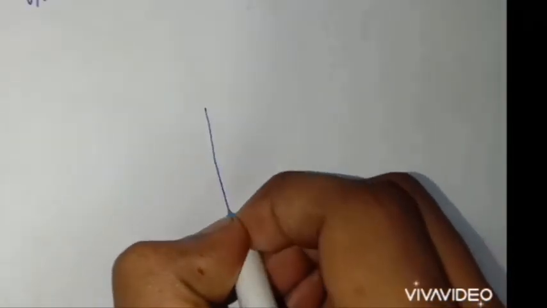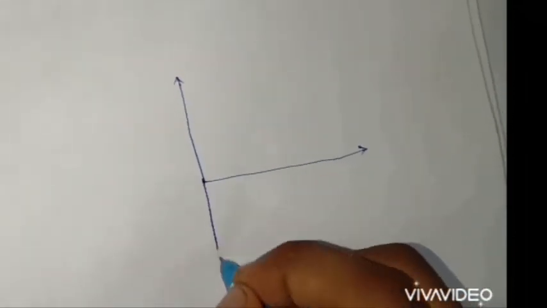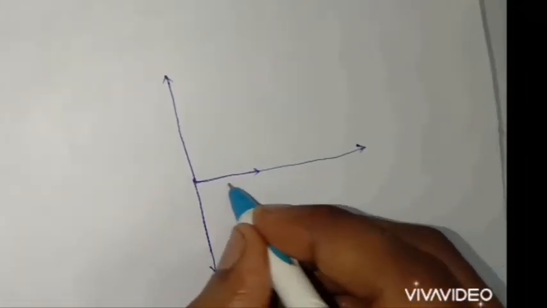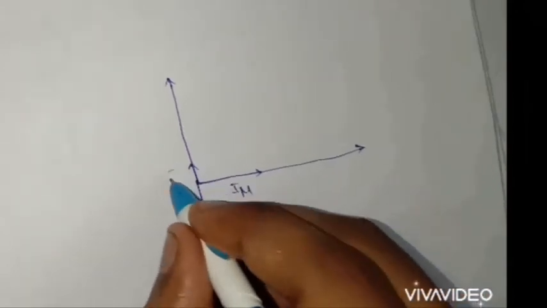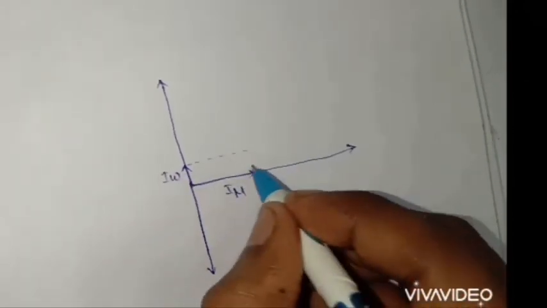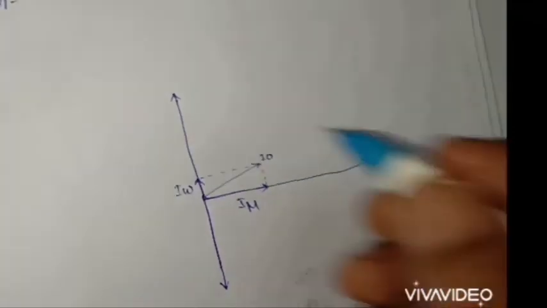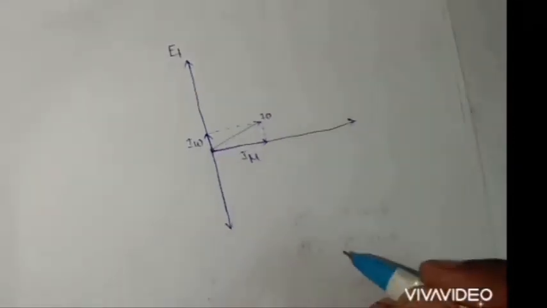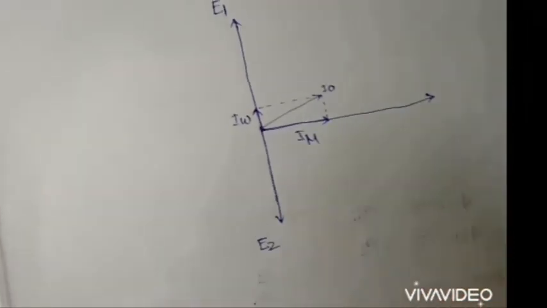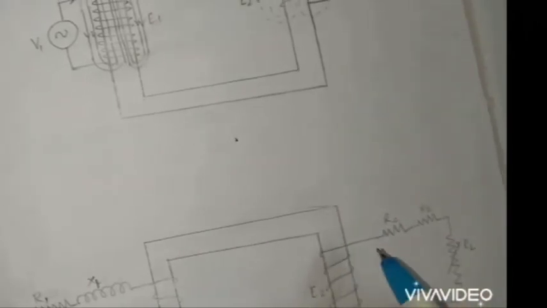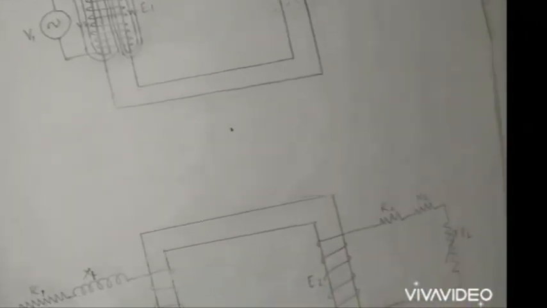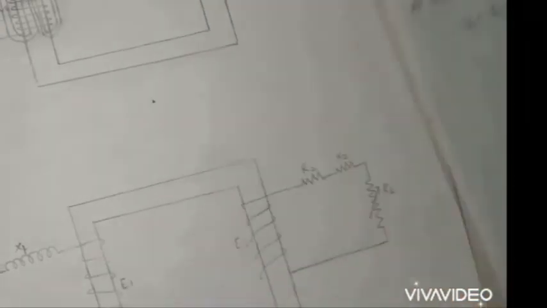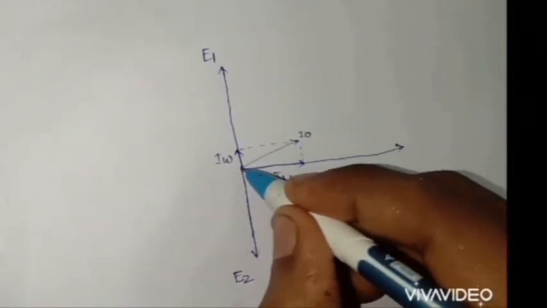As we know from our earlier discussions, this is magnetizing current I mu, this is working current IW, and the resultant gives no load current I0. This is the EMF induced at the primary, this is the EMF induced at the secondary. As there is inductive reactance at the secondary, the current in the resistive load lags by some angle with respect to E2.